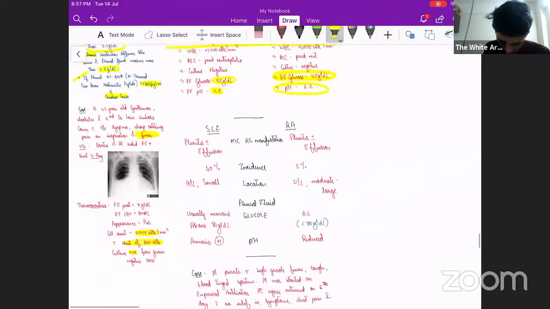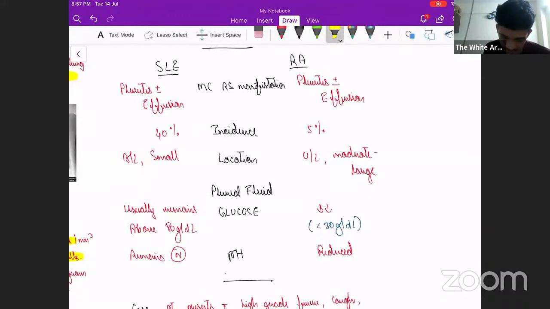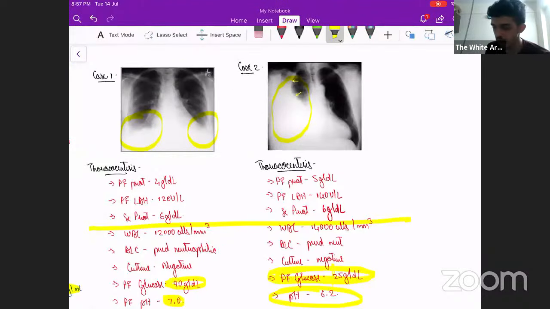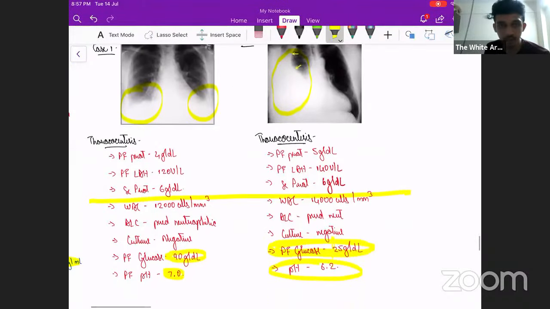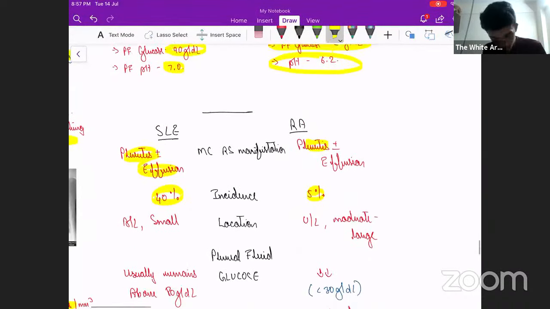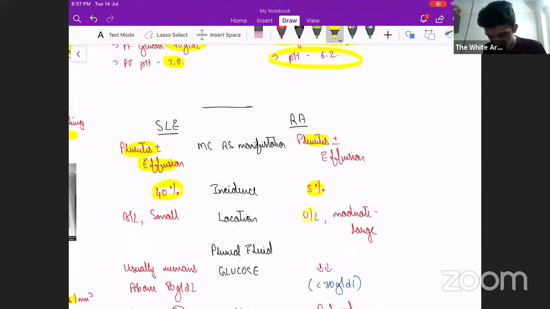So we'll see what are the differences between SLE and rheumatoid arthritis. Most common manifestation in both is pleuritis with effusion, but in SLE almost 40% have pleural effusion. In rheumatoid arthritis, it's just 5%. Location, as we saw, bilateral small degree of effusion will be there in SLE. But in rheumatoid arthritis, it will be unilateral, moderate to large grade effusion.